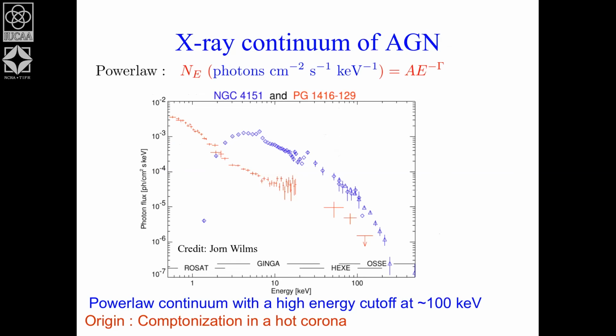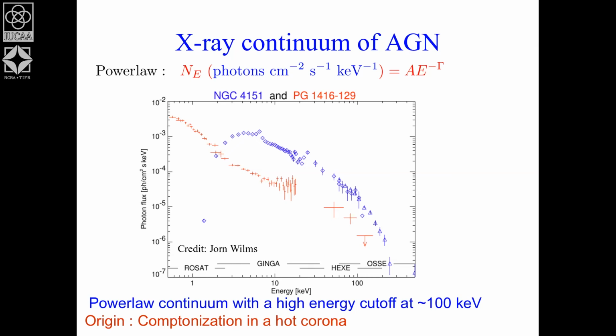Okay, thank you. So observationally, the X-ray spectrum of AGN looks something like this. In the x-axis, there is the energy in keV. Now we no longer measure in wavelengths and frequencies, because here we are observing individual photons, and we are measuring the energy of individual photons, for which keV is a convenient unit.